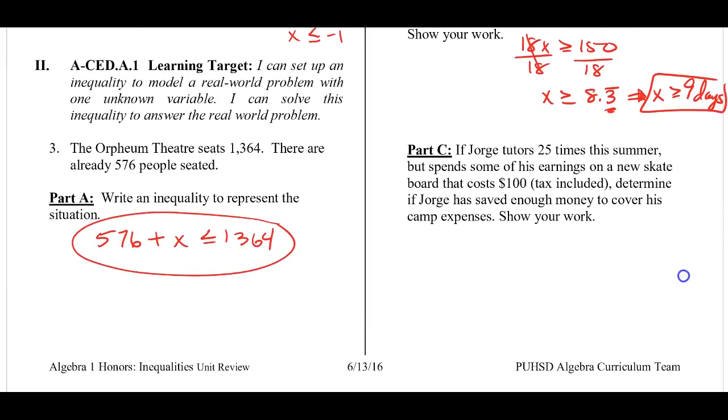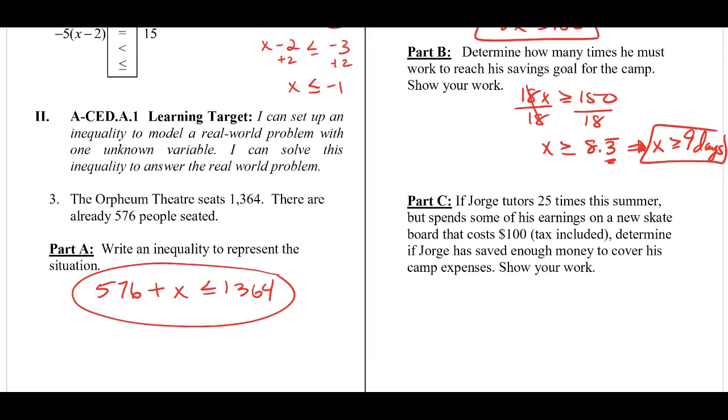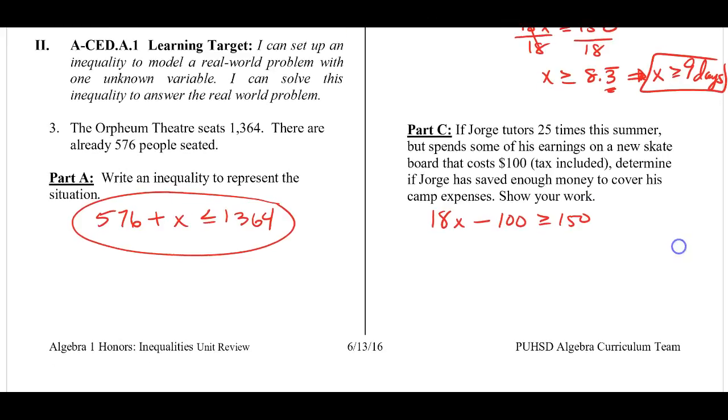Part C. If Jorge tutors 25 times, but spends some of his earnings on a new skateboard that costs $100, determine if he saved enough money to cover his camp expenses. So we know he makes a total of $18 per day, but he's going to spend $100 at some point. We want to know if that's still greater than or equal to 150. So we're going to solve that for x.